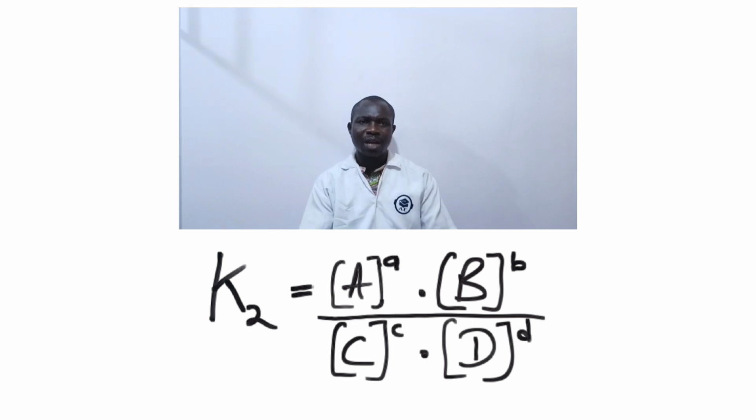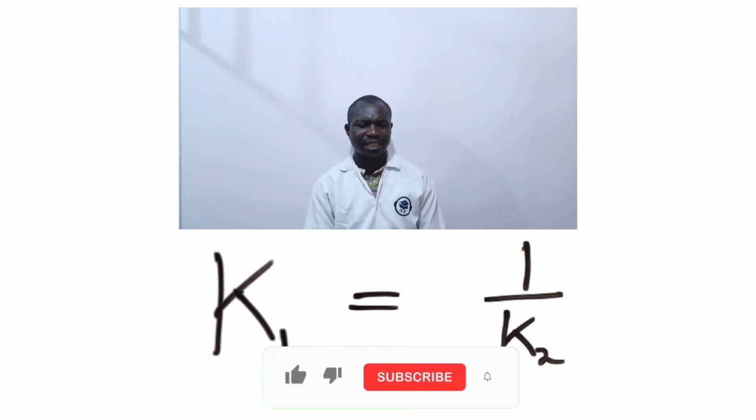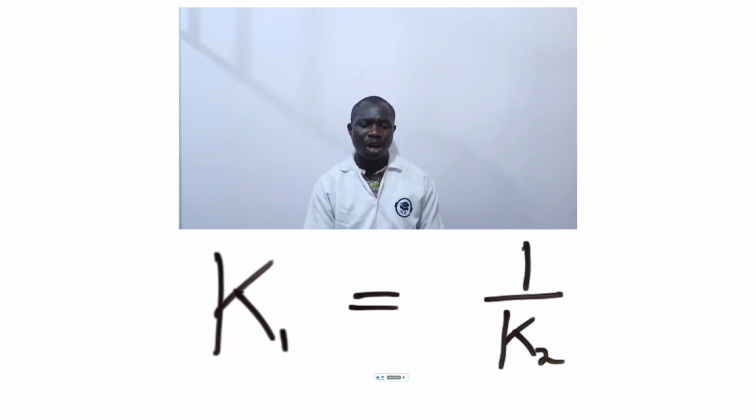Coefficients. On that note, compare K1 and K2. You notice that K1 is the reciprocal of K2, which implies that both of them are inversely what? Proportional. As K1 increases, K2 does what? Decreases. If the equilibrium constant of the forward reaction increases, that of the reverse reaction does what?